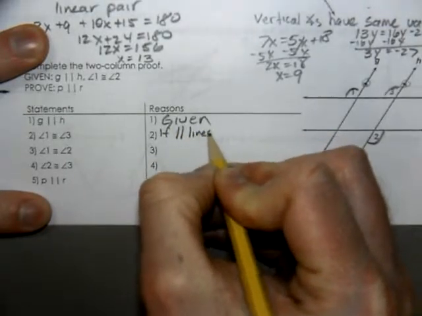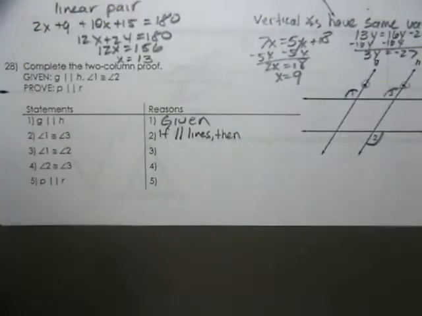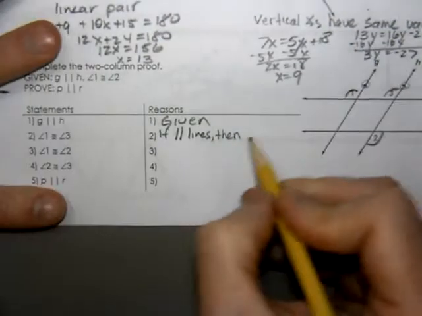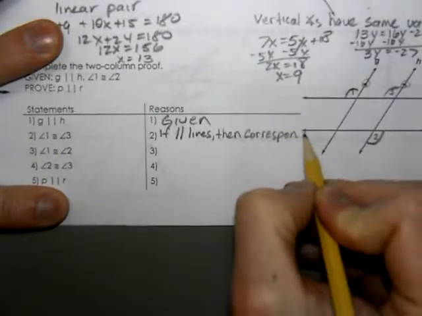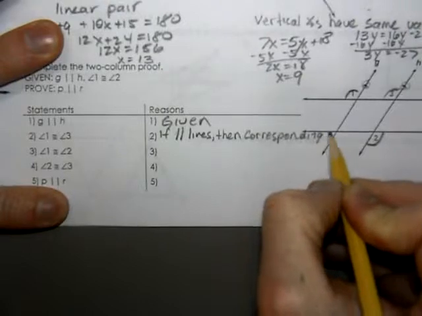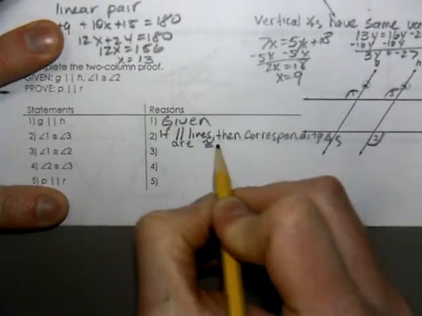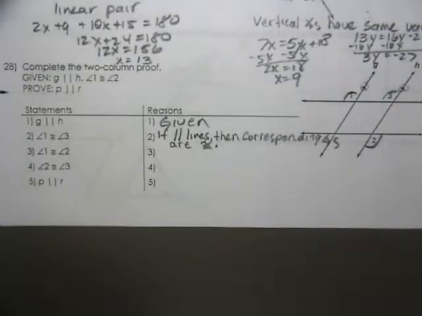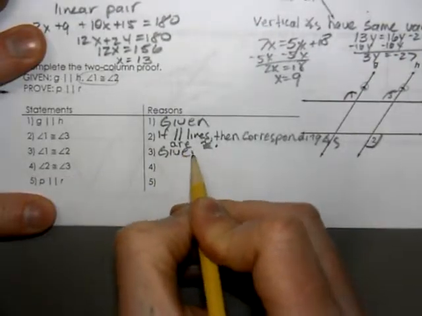parallel lines, then what type of angles are 1 and 3? Then corresponding angles are congruent. 1 and 2 were all up here part of the given. 2 and 3 are congruent.